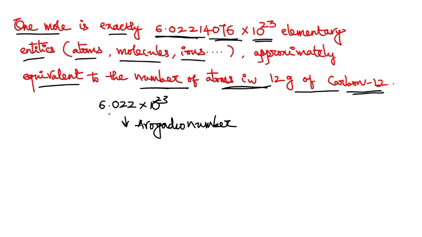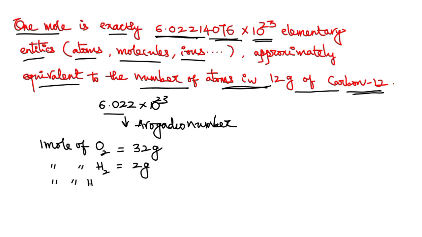If you take any mole, that mole should contain this much. Means 1 mole of oxygen is 32 grams and 1 mole of hydrogen is 2 grams. 1 mole of water is 18 grams and 1 mole of sodium chloride, NaCl, is 58 grams.